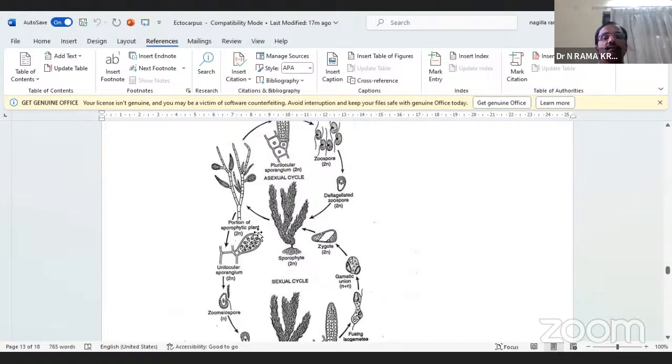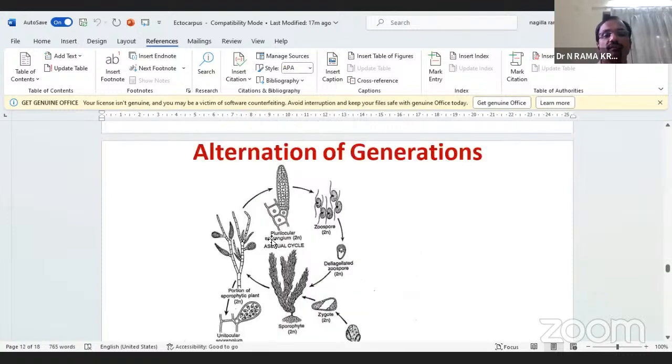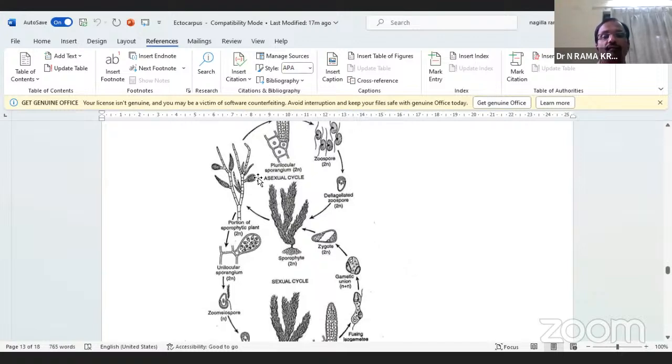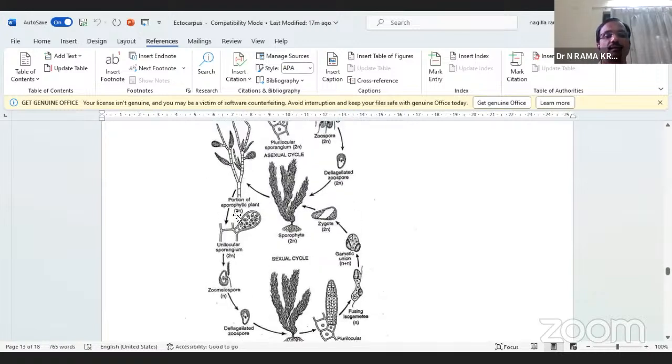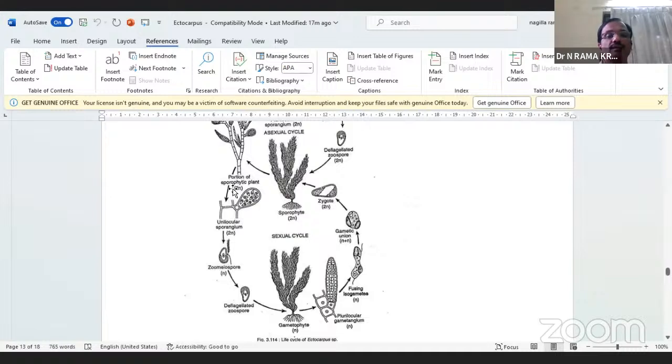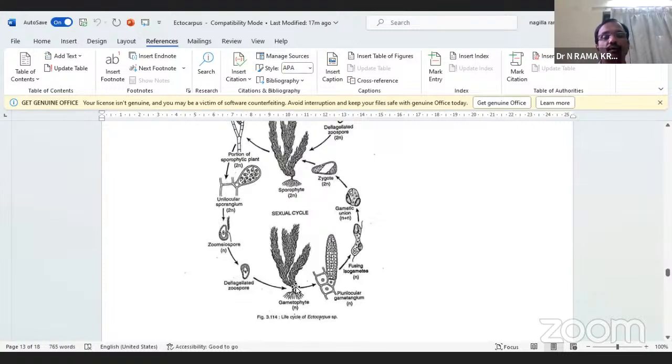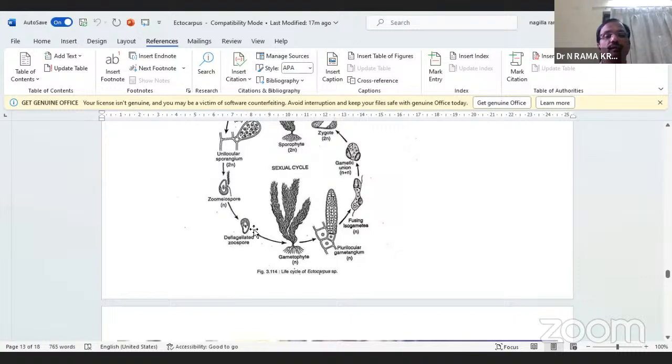This is the thallus structure, which forms plurilocular sporangia. When they open, they produce flagellate zoospores, which germinate into a new plant. This is a thallus, and here it bears unilocular sporangia. The unilocular sporangia produce zoospores, and these zoospores germinate into a new gametophytic Ectocarpus plant.